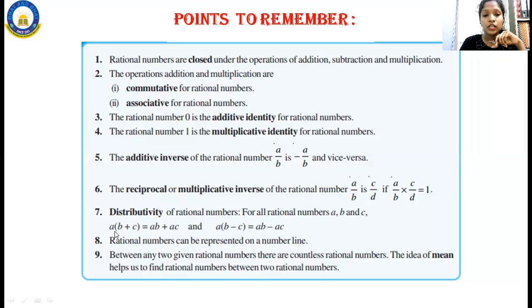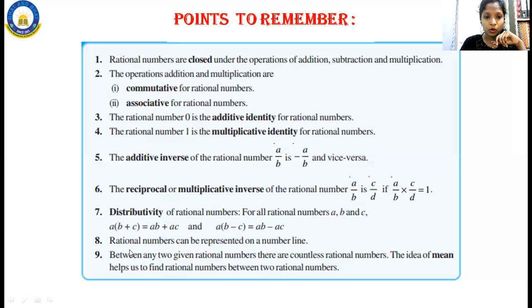See here, b plus c is inside the bracket. So a into b is ab, and a into c is ac. In the same way, a into b is ab and a into c is ac, and here there is an operation of subtraction, so subtraction appears in the result.